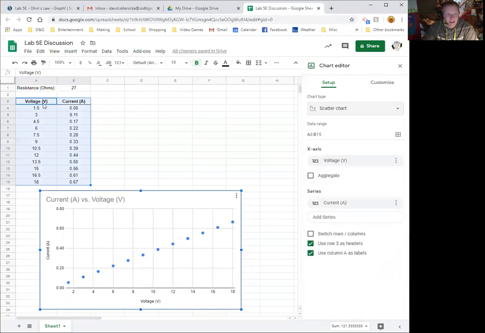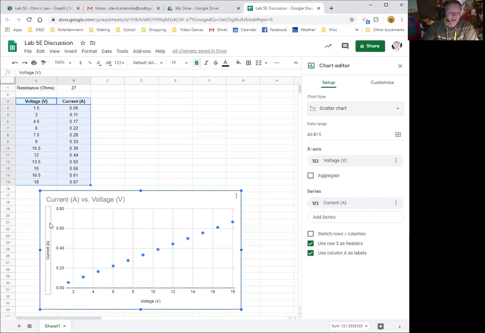Notice that since I highlighted my labels up here, I put them right in the graph, no problem. But the first question said the voltage should be the dependent variable here. That's not really how we set up our assignment or our experiment, but it is important for this graph so that you see the relationship.